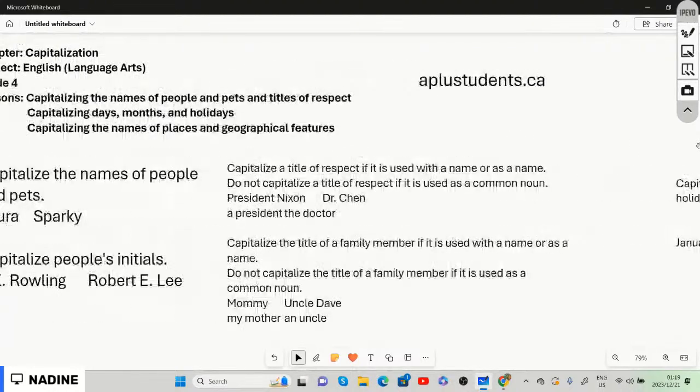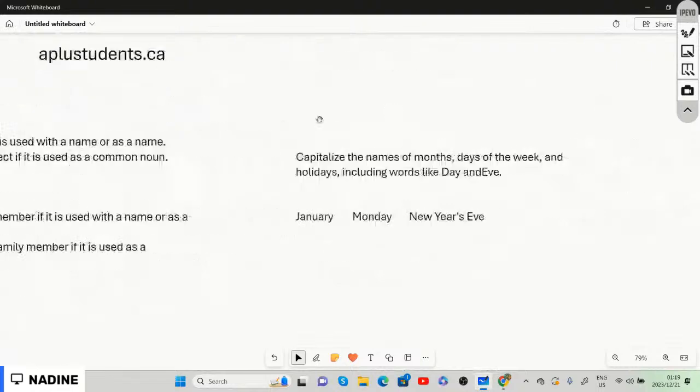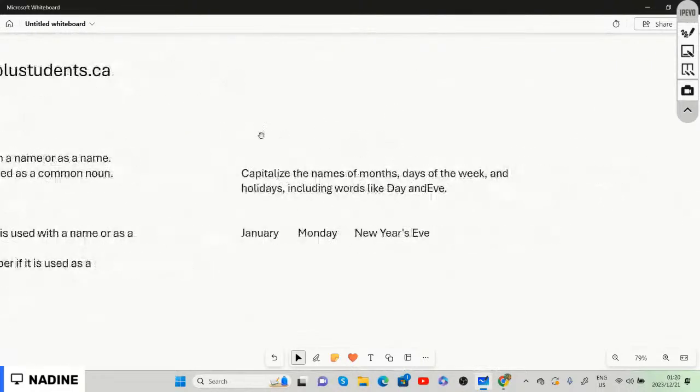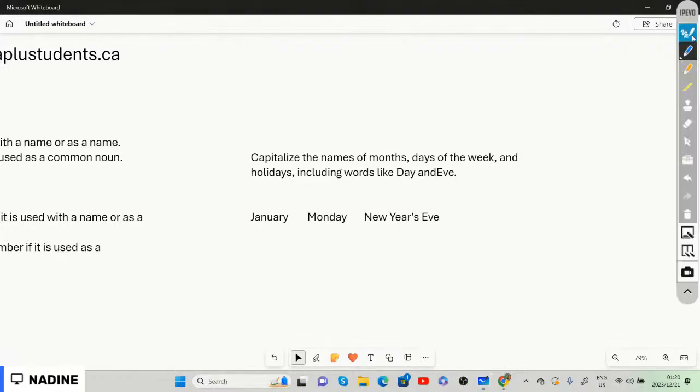And then we also capitalize days of the week, months of the year, as well as special holidays. So we capitalize days of the week, we capitalize months of the year, and we capitalize holidays, which includes words like day, like Christmas Day, New Year's Eve.